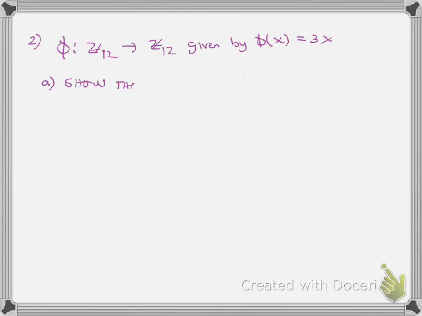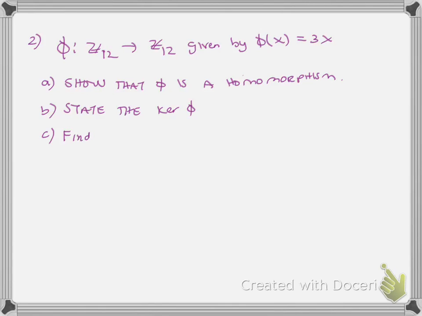Show that phi is a homomorphism. Then state the kernel of phi. And C, find all elements that map to 9.